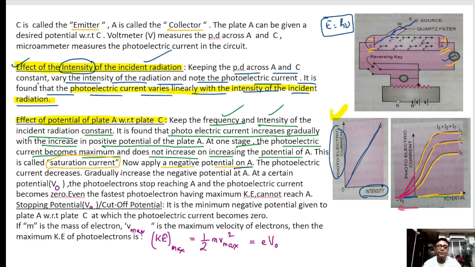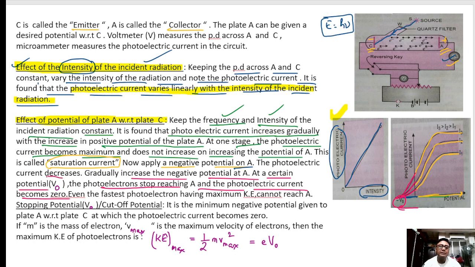If I keep increasing the negative potential, at a certain negative potential, this is minus V0, we will see that the photoelectrons stop reaching A and the photoelectric current becomes 0.